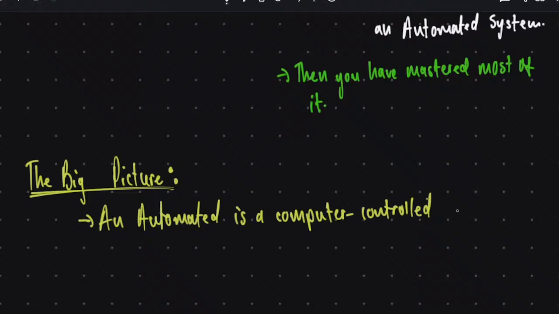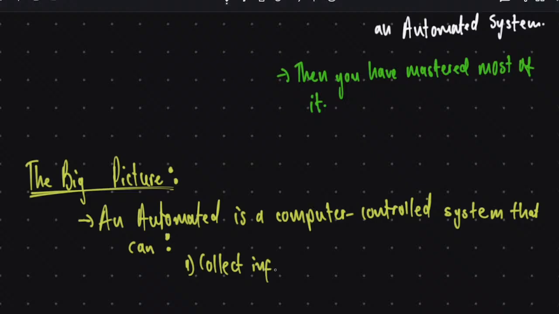So it's a computer-controlled system. It's controlled by what, Alex? By a computer. Not by a person, but by a computer. What it should be able to do is first collect information. An automated system can collect information, then make decisions.